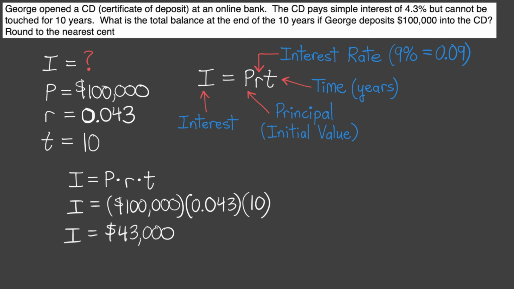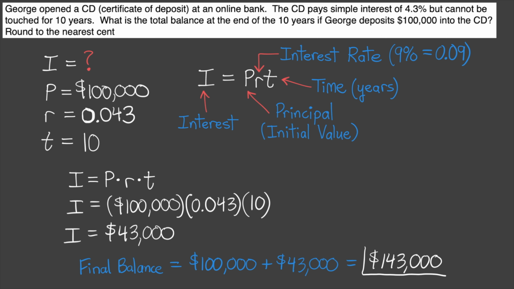So the final balance is going to equal the $100,000 that he initially invested, plus the $43,000 in interest, which gives us a grand total of $143,000 in George's account after 10 years. So there's his final balance.